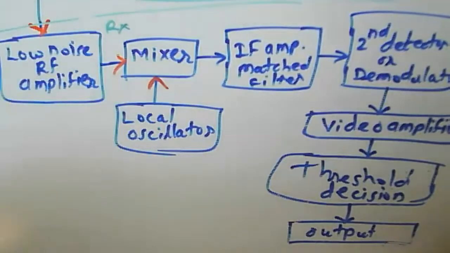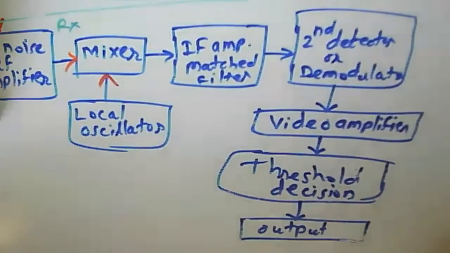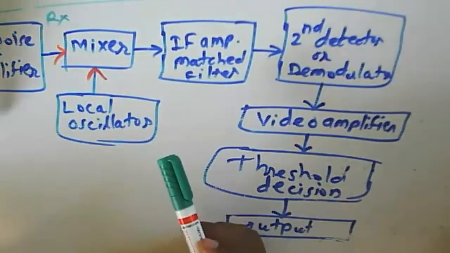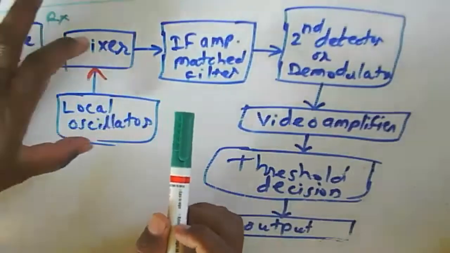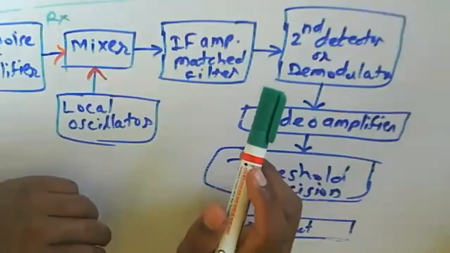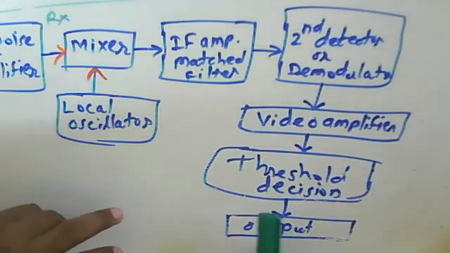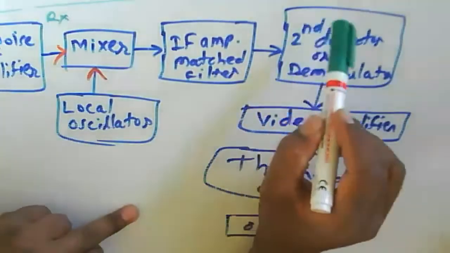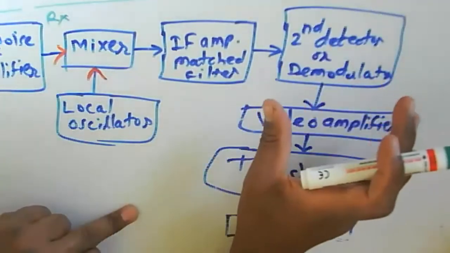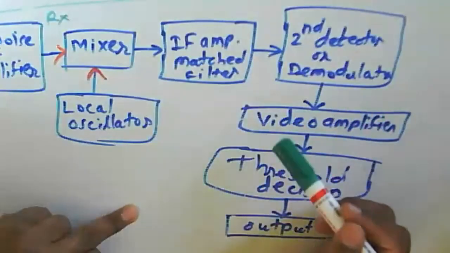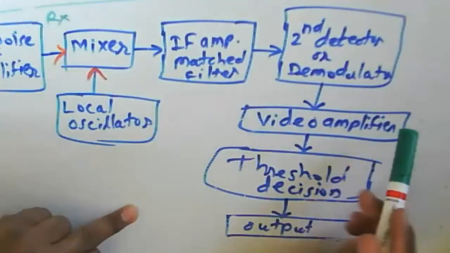So likewise, we consider that a device should be useful for minimum detection, and what will be the requirement for the device. We consider that a demodulator portion detects that particular signal, and we have the video amplifier.